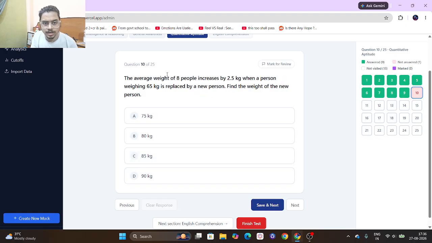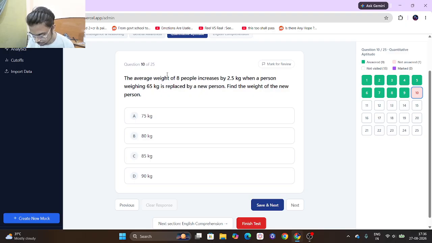Next. The average weight of 8 people increases by 2.5 kilogram when a person weighing 65 kg is replaced by a new person. 8 people का सम हो जाए, एवरेज हो गया x, तो सम हो गया 8x. Increases by 2.5 kg.